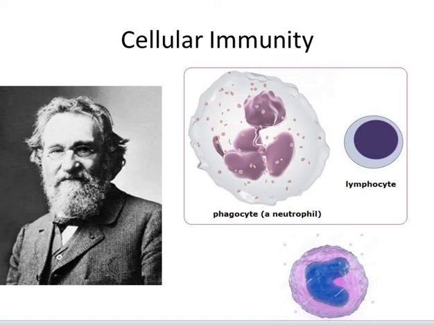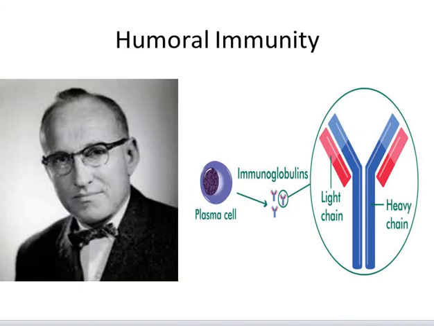Noting that these phagocytic cells were more active in animals that had been immunized, Mechnikov hypothesized that cells rather than serum components were the major effectors of immunity. The active phagocytic cells identified by Mechnikov were likely blood monocytes and neutrophils, which can now be imaged using very sophisticated microscopic techniques. The debate over cell versus soluble mediators of immunity raged for decades.